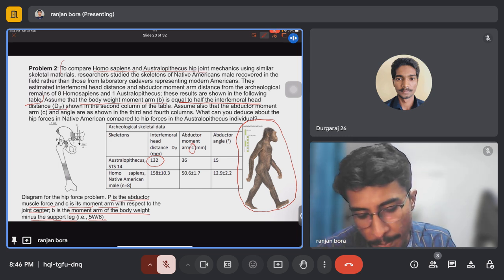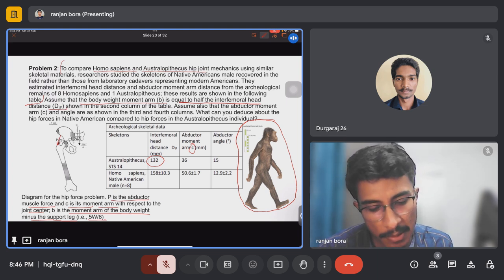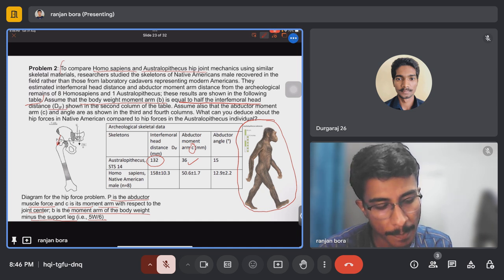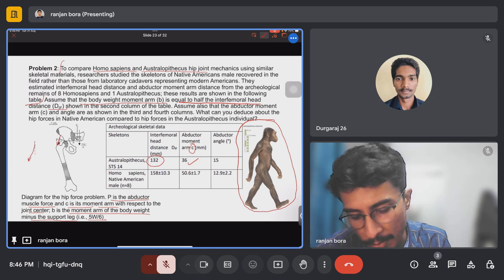So this force P is the abductor muscle force, and for this muscle force, C is given here. C is 36 and 50.6 for Homo sapiens. And the abductor angle is the angle between this abductor muscle force and the vertical y-axis.